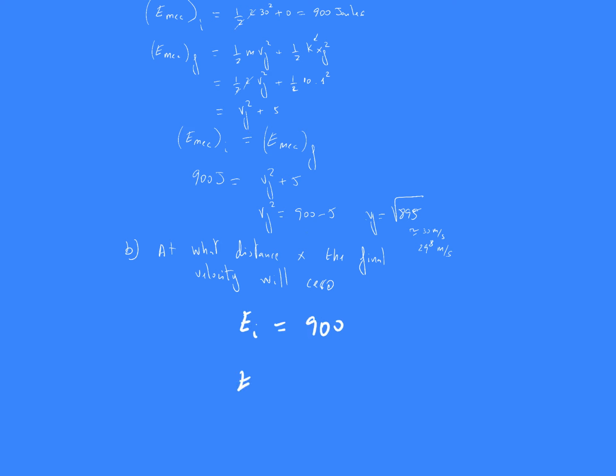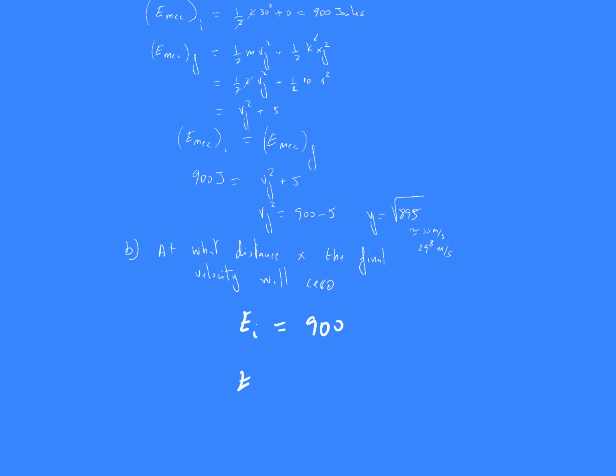There is maybe kinetic energy at position A, 1/2 mva squared. So this is the total mechanical energy at position A: kinetic energy plus two potential energies, gravitational and elastic.